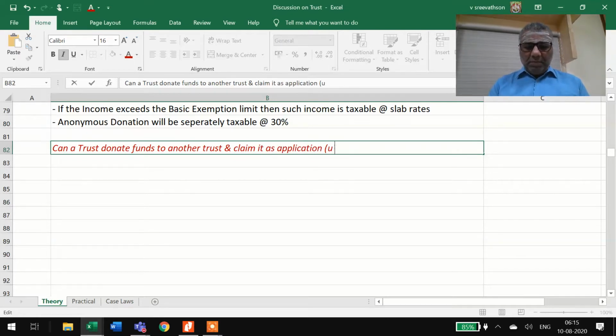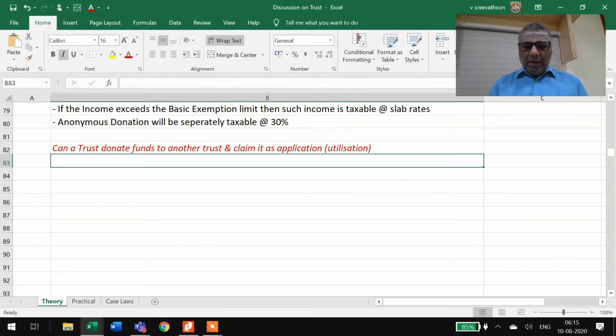That is nothing but utilization. So 85% we all know has to be utilized. Can a trust donate to another trust and claim it as application? The answer is yes.